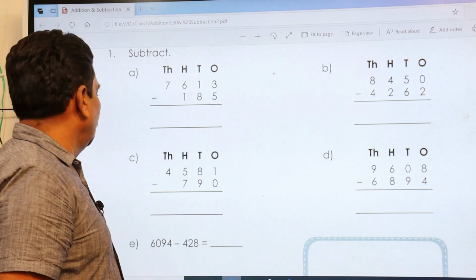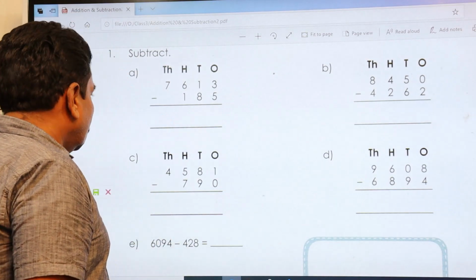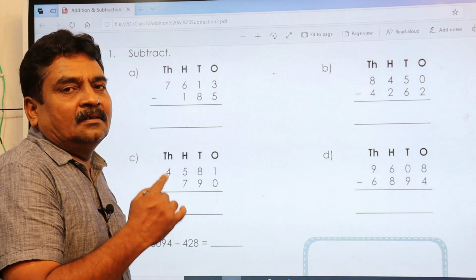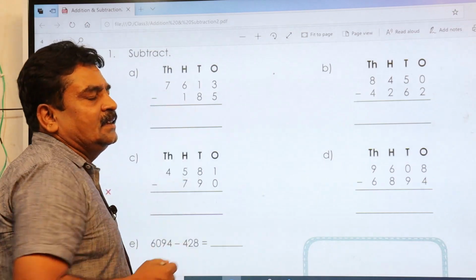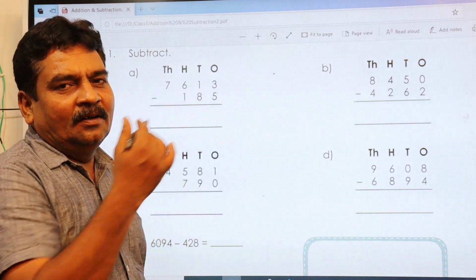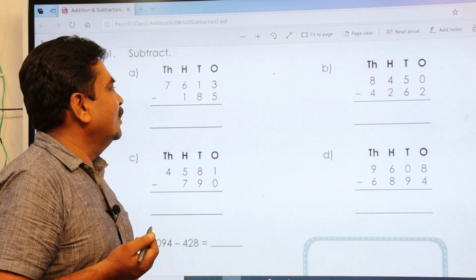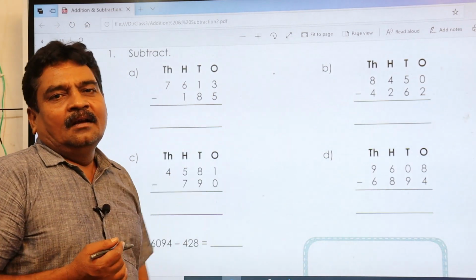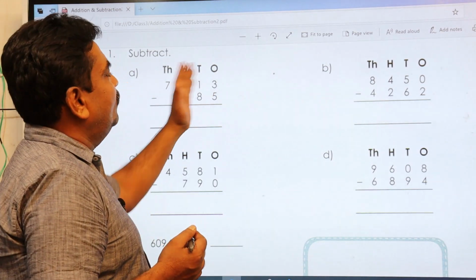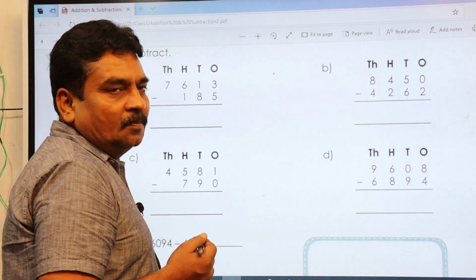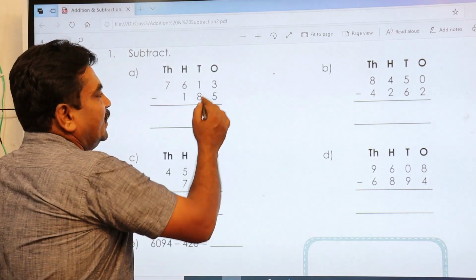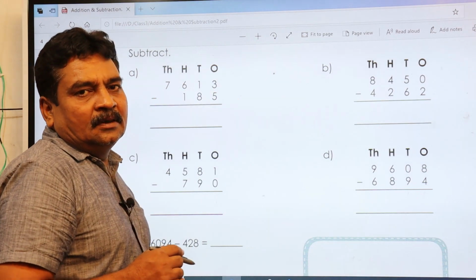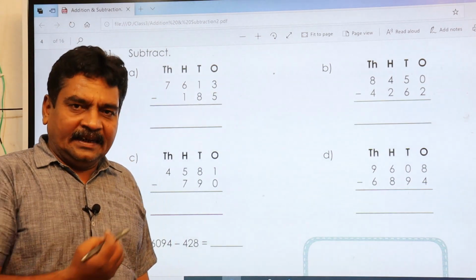In the previous exercise you did it by taking only one time. But here you have to regroup 2 times, that is carry forward in 2 columns. Let's see here. 3 minus 5. You cannot take out 5 from 3.